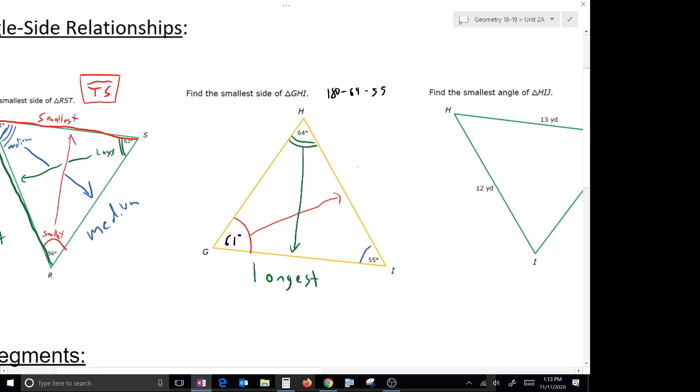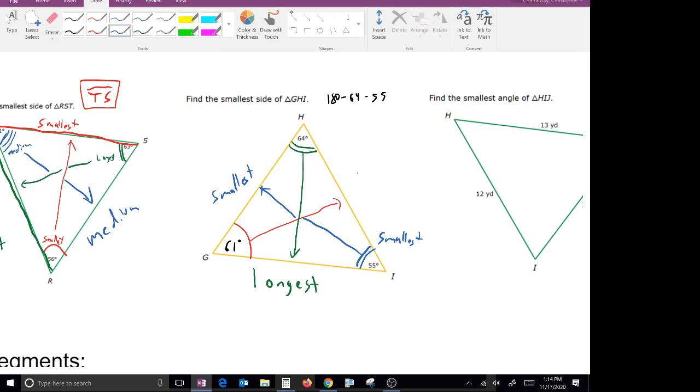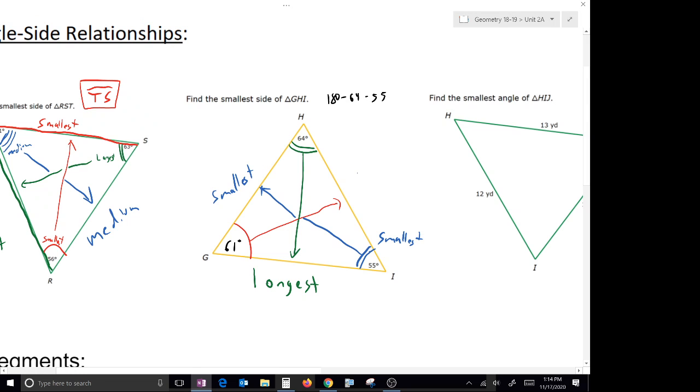Okay, 55 is the smallest. Across from that is going to be the smallest side. 61 is actually the medium. That's the medium side.